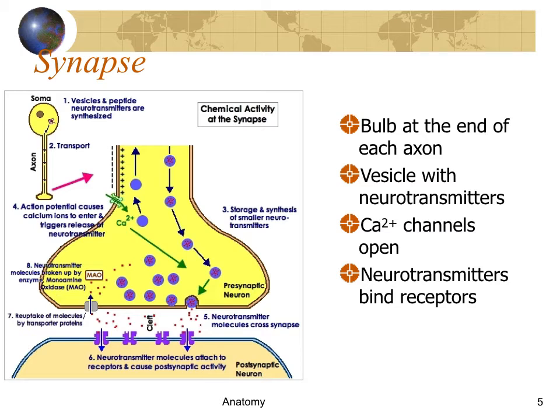Those neurotransmitters bind to receptor molecules and cause changes in the postsynaptic cell. If they're excitatory, usually these changes are to open sodium channels, allowing the membrane to become depolarized, and so that starts an action potential. But they could also be inhibitory. Some neurotransmitters will cause the opening of potassium channels, making the neuron more negative.